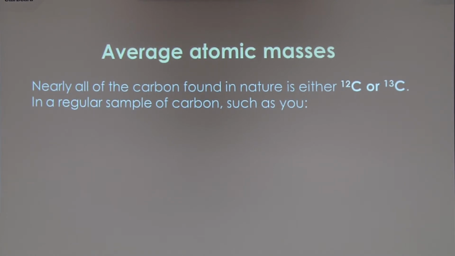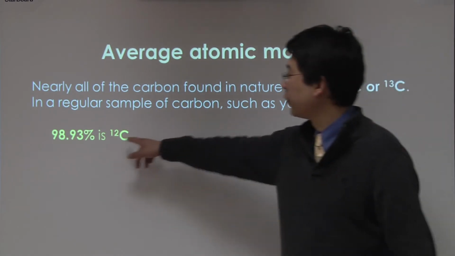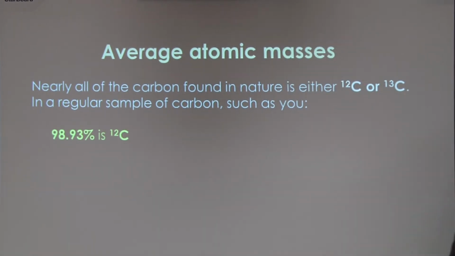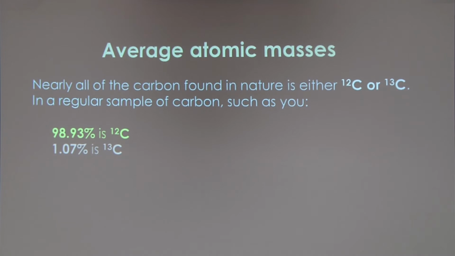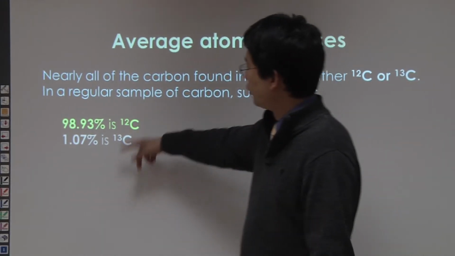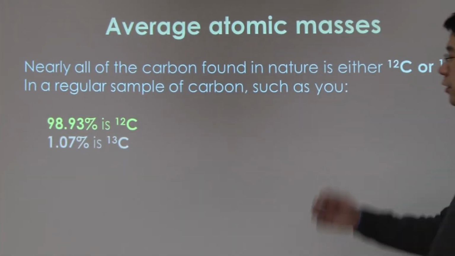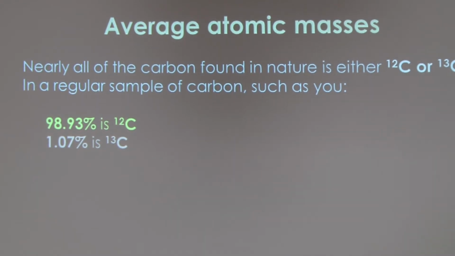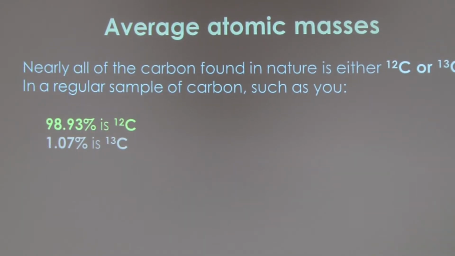And so in a regular sample of carbon found on the Earth, almost all of it is carbon-12. 98.93% is carbon-12. 1.07% is carbon-13. You add those two together, you'll get 100%. And then a tiny, tiny fraction that's so small it doesn't even count in the significant figures is carbon-14. So almost all of it is carbon-12, and almost all of the rest is carbon-13.